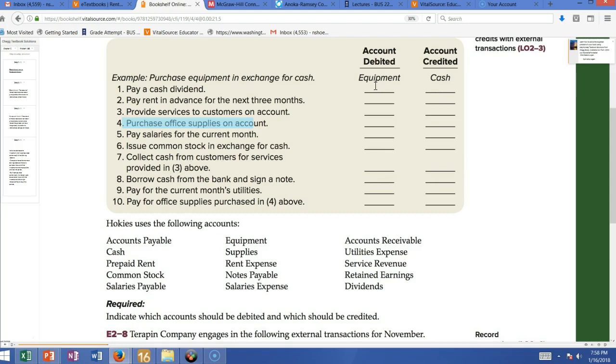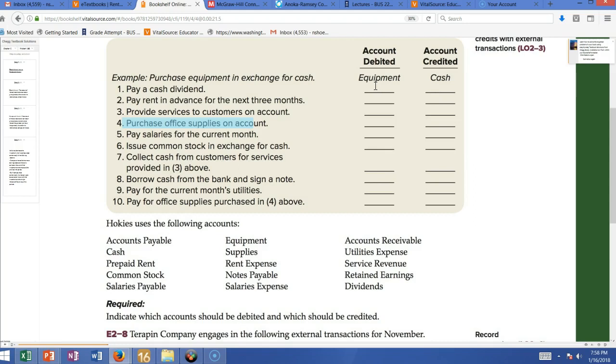Number 3, provide services to customers on account. On account. Accounts receivable, and what else? Service revenue.